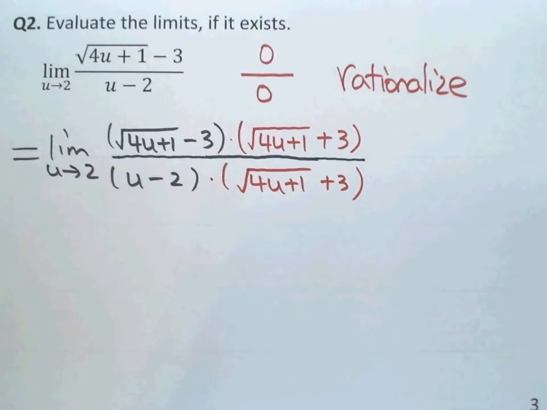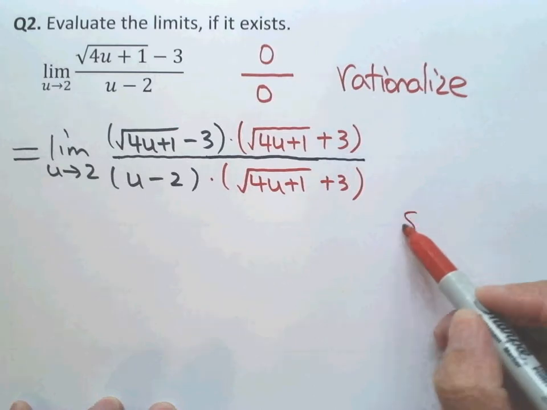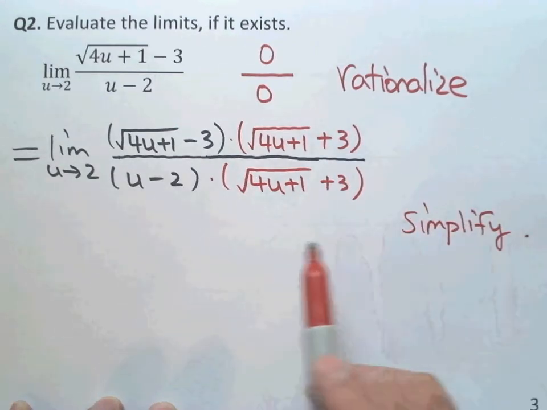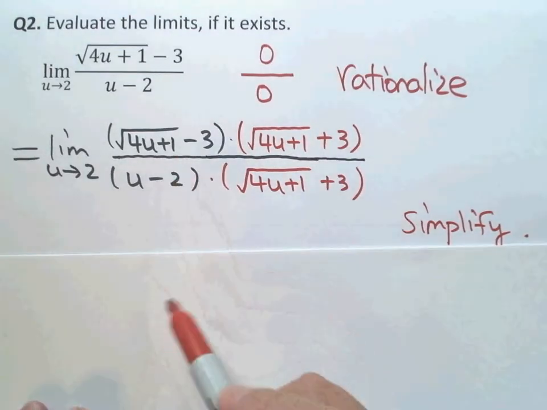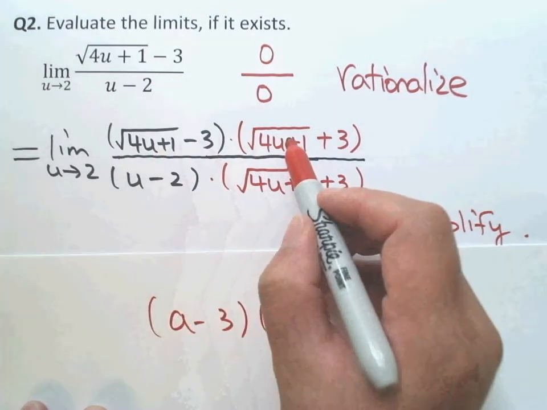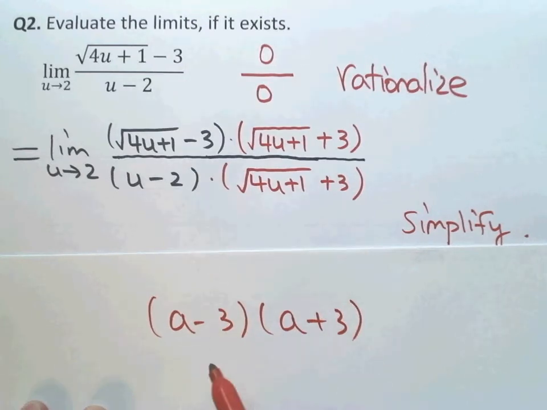How do you simplify the numerator? Let me go into simplifying the numerator. After simplifying the numerator, you get something very simple. What is that? The numerator is equal to a minus 3. If I say this is a, this is a, this is a plus 3. The difference times the sum, remember, is the difference of squares, right?